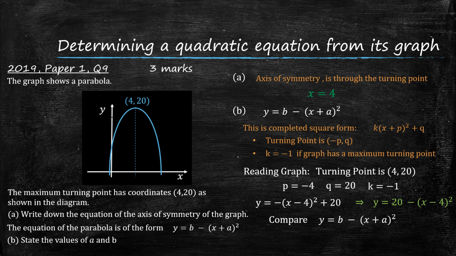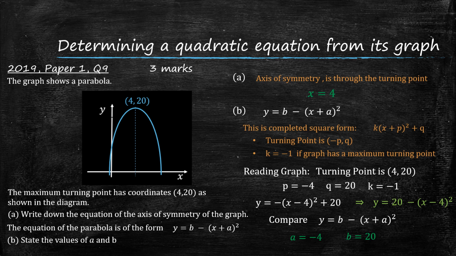So we compare to the form in the question, and we can see that a would be -4 and b would be equal to 20. So for part 1 of the question, it's fairly straightforward. Axis of symmetry, you just read it off the graph. Axis of symmetry passes through the turning point. For part 2, we needed to represent the parabola as an equation in completed square form.